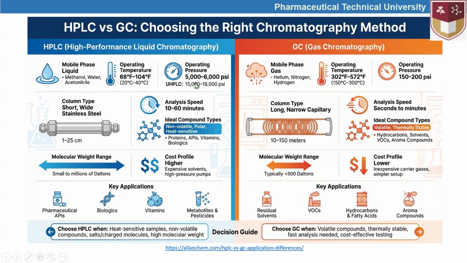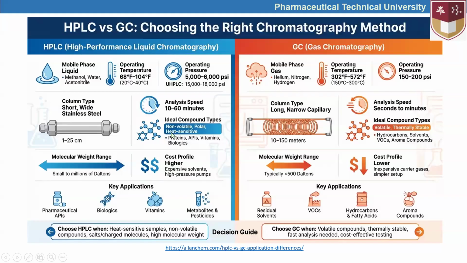Operating pressure also differs quite much from each other, as indicated here. The column in HPLC is kind of short, with a length up to 25 centimeters. And in gas chromatography, the column length can reach 100 or 150 meters, but in general it is about 30 meters for capillary columns.